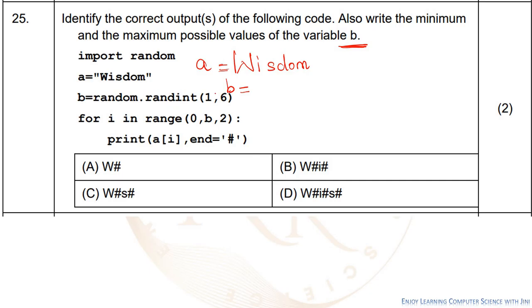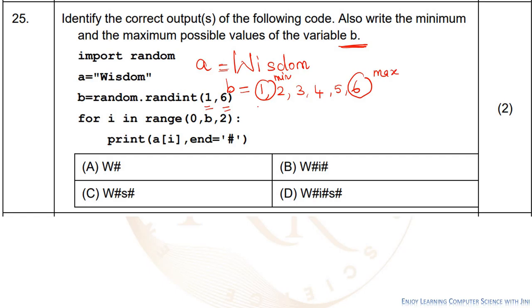So randint function will include the lower limit as well as the upper limit. So your value for b is 1, 2, 3, 4, 5, 6. Okay, so here what is the minimum value? 1 is the minimum value of b, maximum value is 6. So when you write this, you will score 1 mark.